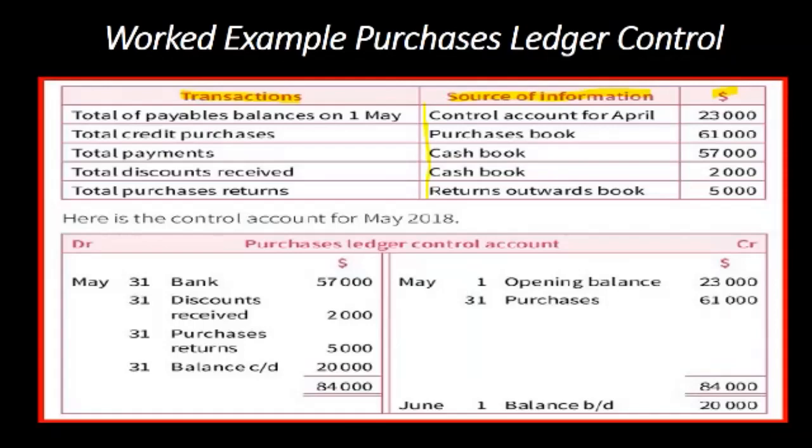Okay, the total payables for May, the opening balance, so the 1st of May. It comes from the control account for the previous month, and that is 23,000. Okay, we put it in here.